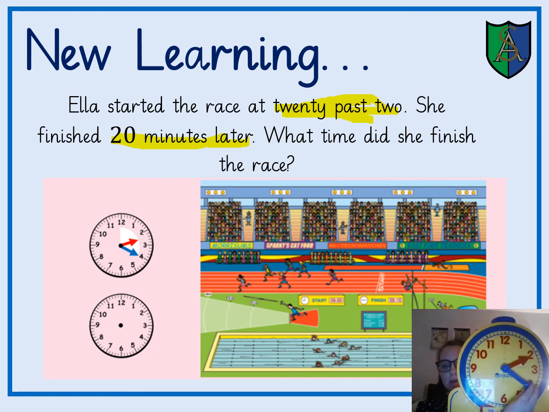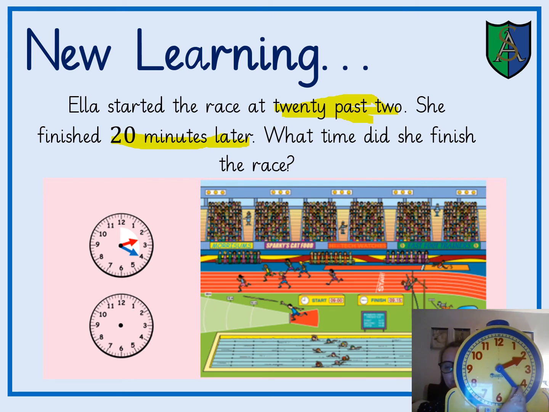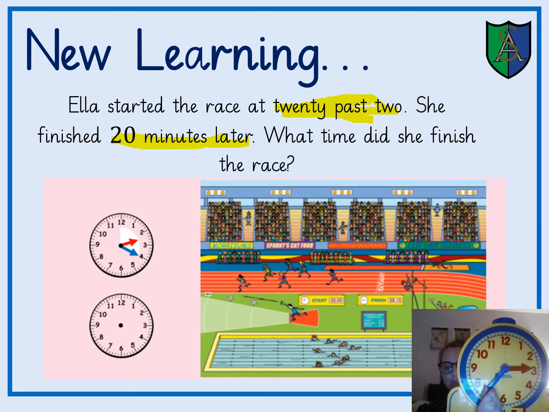So I'm going to get my minute hand, I'm going to count in my multiples of 5 until I get to 20, and that will show me when I need to stop, okay? So let's go. 5, 10, 15, 20. So I can see there that my minute hand has moved to here, okay?